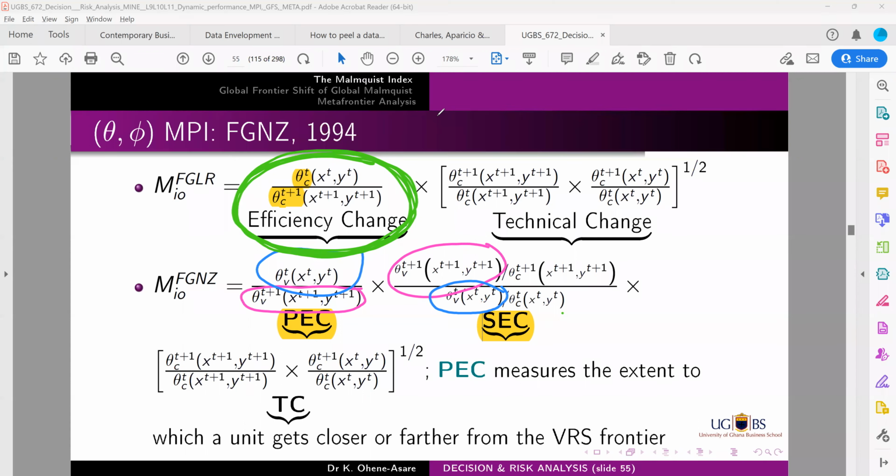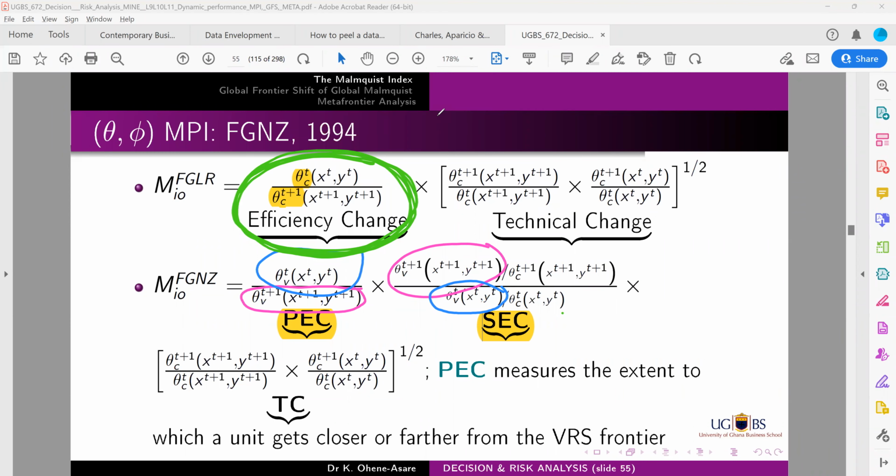Therefore, you can now know the true source of the efficiency change is not coming from managers, but it's coming from the scale. So by splitting the two, you'll be able to know scale efficiency change and then the pure efficiency change. I hope you get it.